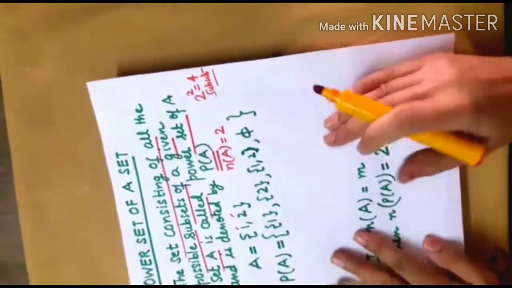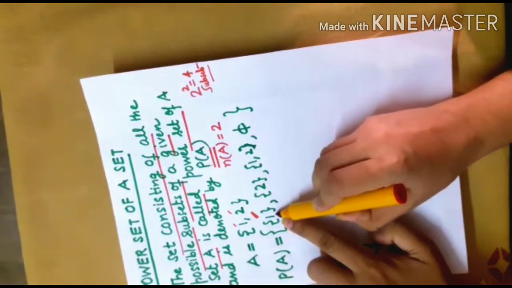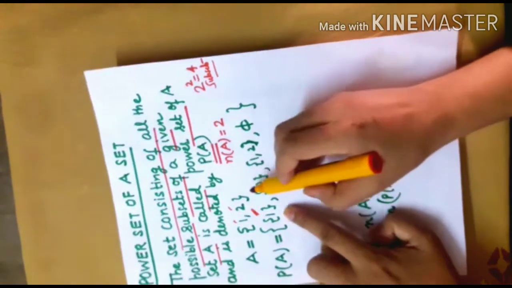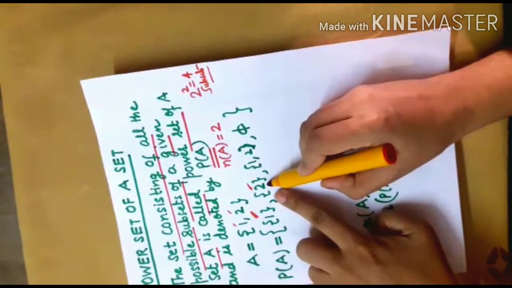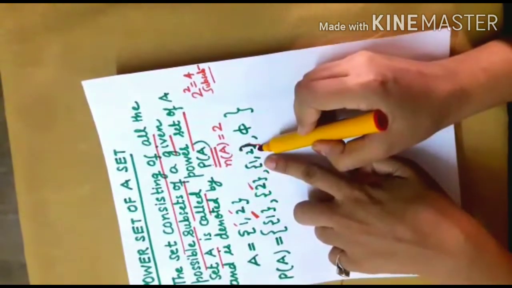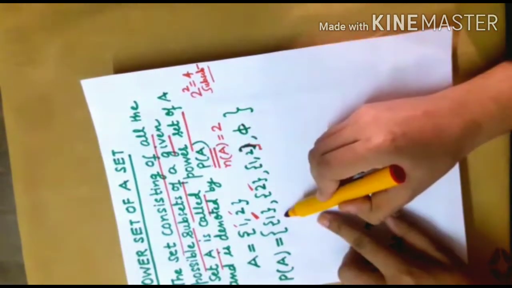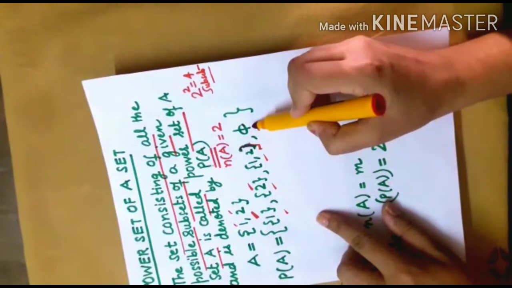Now what are those subsets? The first subset will be the set containing the element 1. Second is the set containing the element 2. The third subset will be the set itself. And the fourth subset will be the null set. Now there are 4 possible subsets.